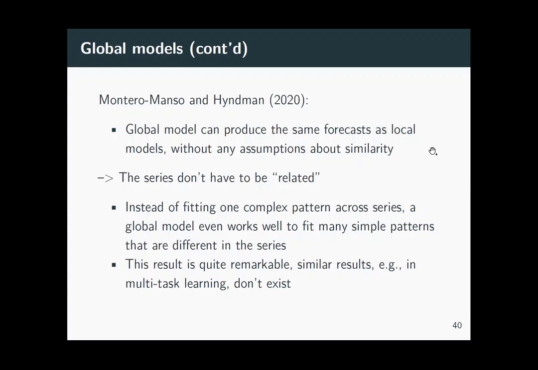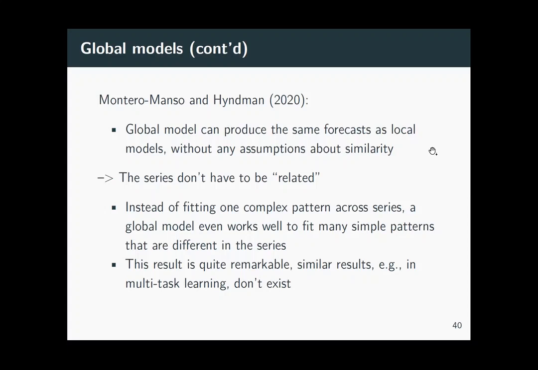Yeah, and then actually Pablo Montero-Manso and Rob Hyndman had this paper in 2020 about global models, where they basically showed that global models can produce the same forecast as a local model without any assumption about similarities. So the series don't have to be related. It's much more about fitting complex patterns across series.